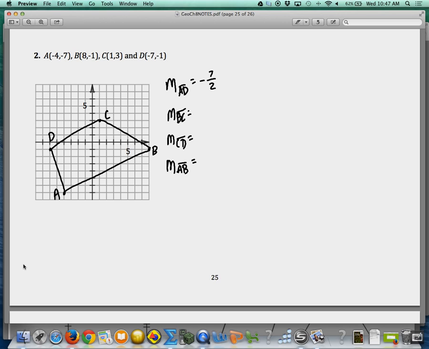You have to show the work, like I did previously.